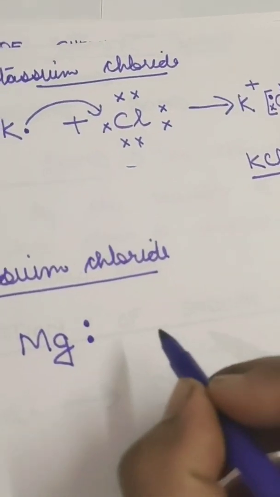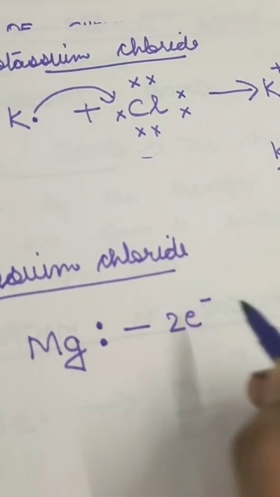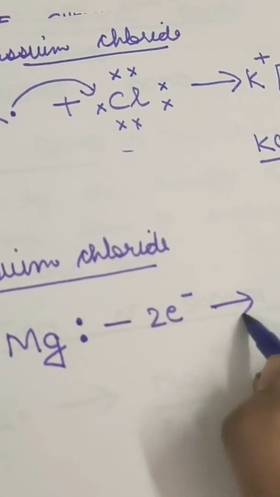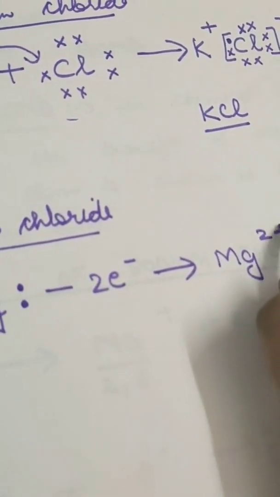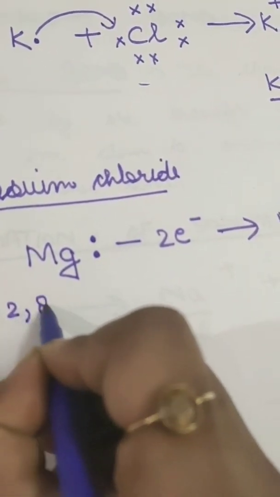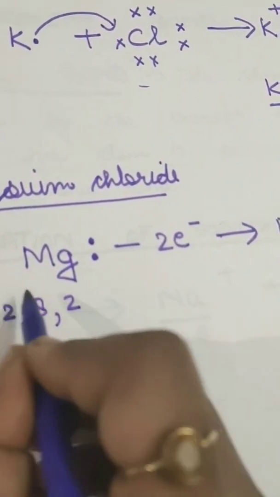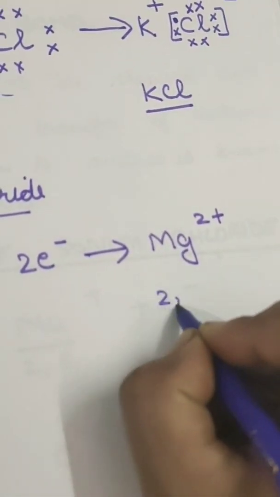If I show you like this, it will be like this. It will just donate 2 electrons and it will become magnesium ion 2 plus. If we see the configuration, it would be 2, 8 and 2 in the beginning, K, L, M, N, but when it becomes an ion, it will be 2 and 8.